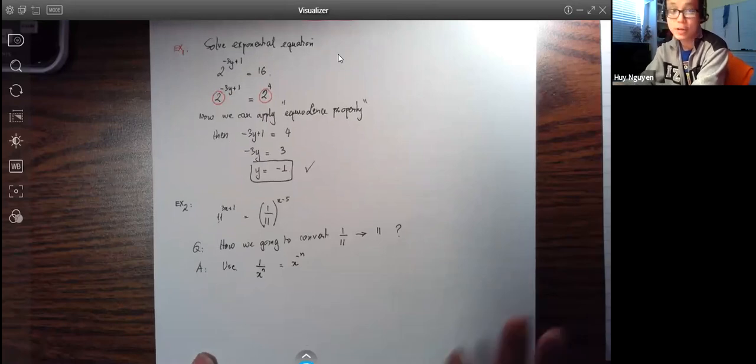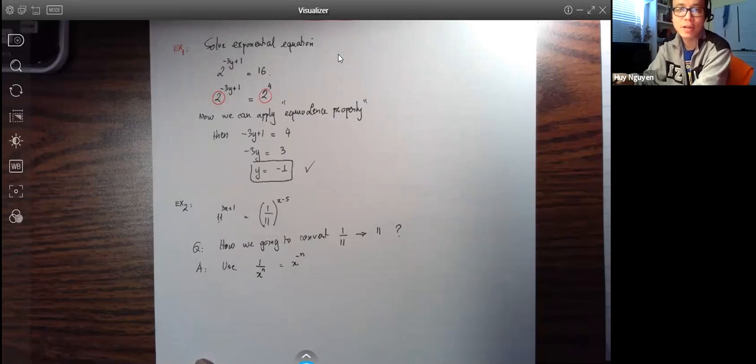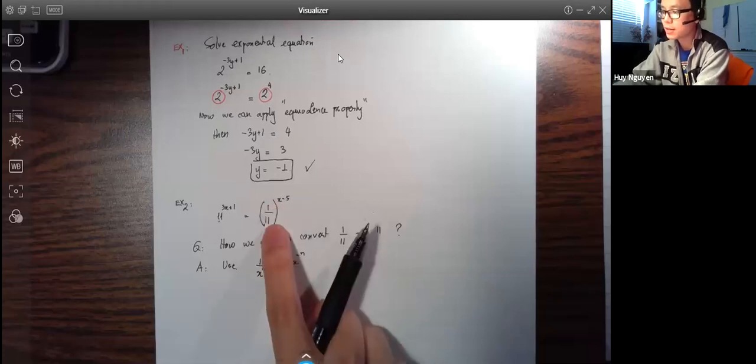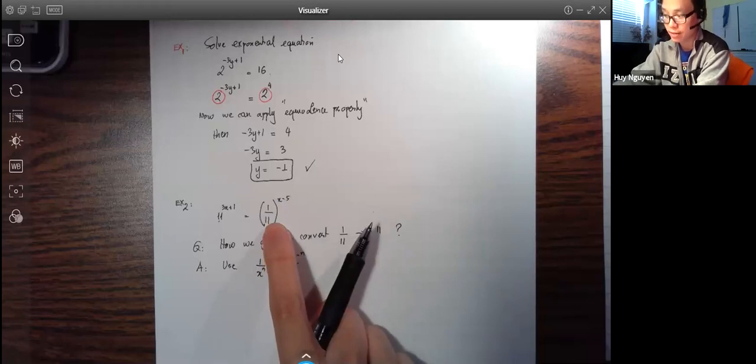Okay, so we're going to use this formula. This formula you already learned in intermediate algebra. Actually, during the time you're doing homework, maybe some of you come across this formula. Just think about it. Right now we have 1/11, and the exponent for 11 is 1 right here.